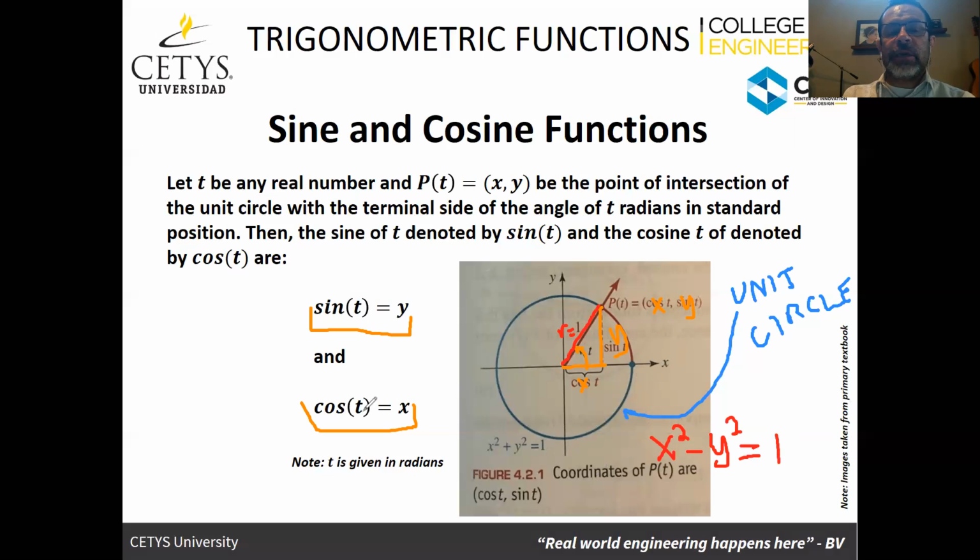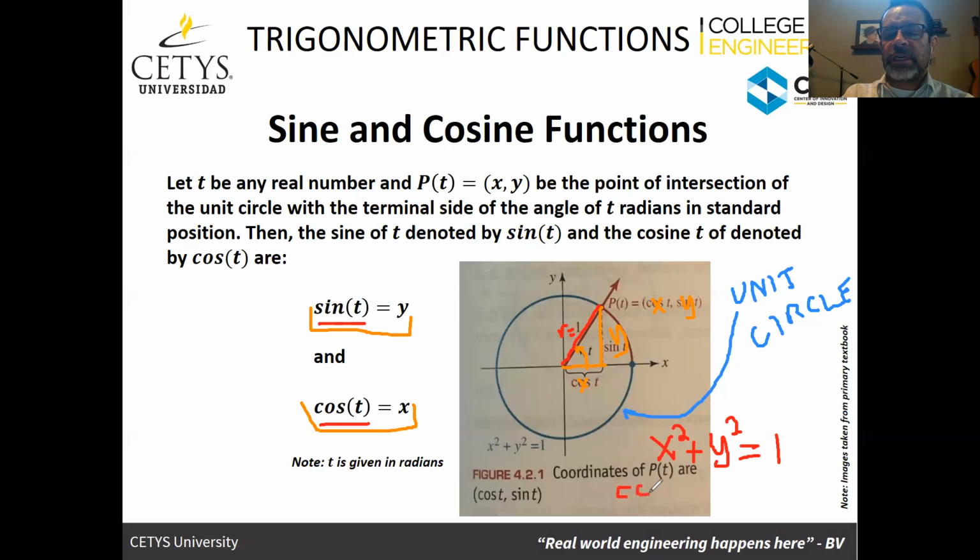Now, if x equals cosine and y equals sine, then automatically we're going to have our first trigonometric identity, which is one that you guys know very well or should know very well.